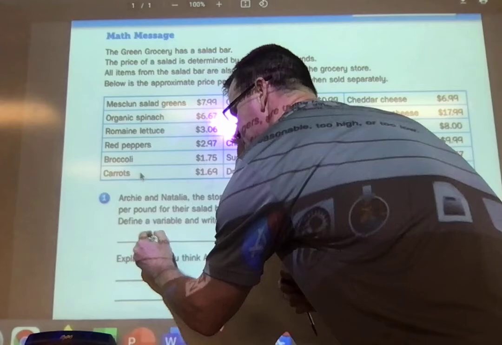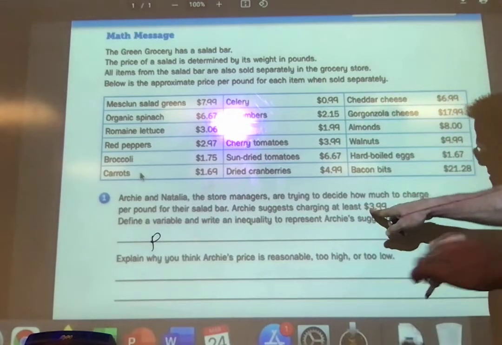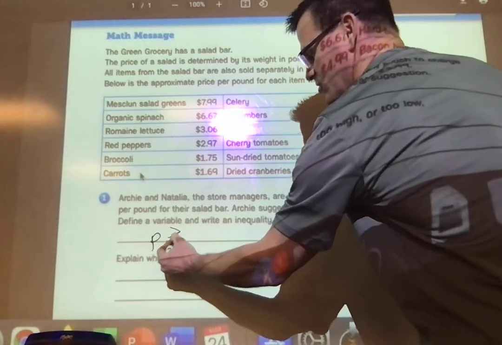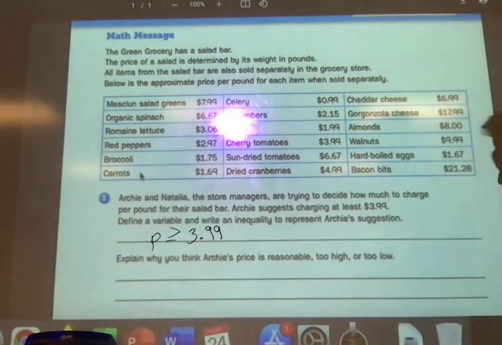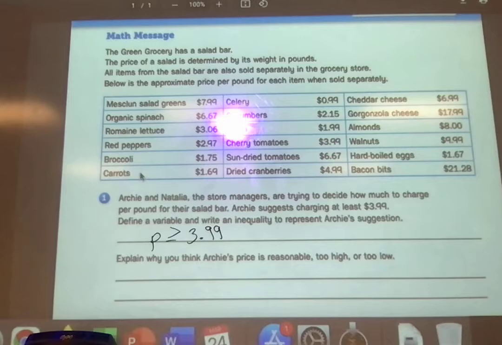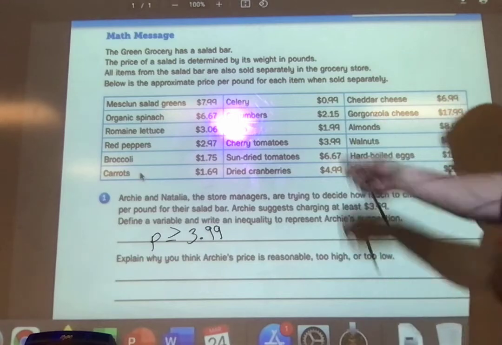You can talk about P being the price, and it has to be at least. With inequalities, that means it has to be greater than or equal to $3.99. That would be our inequality in this situation. It has to be greater than or equal to $3.99, according to his suggestion, which means you could charge more than that.